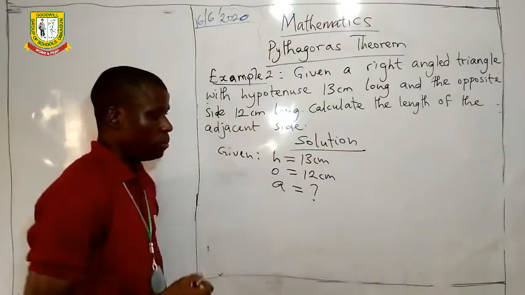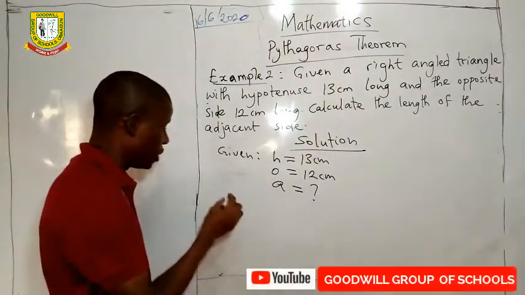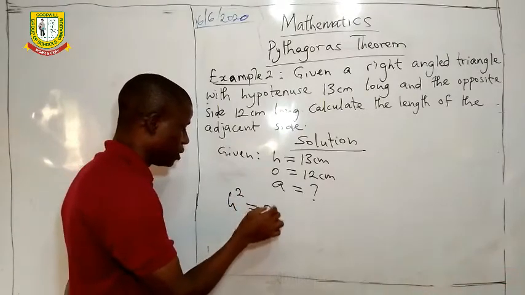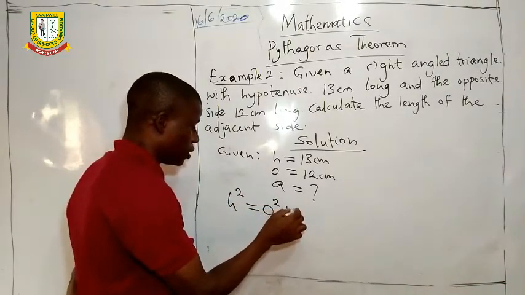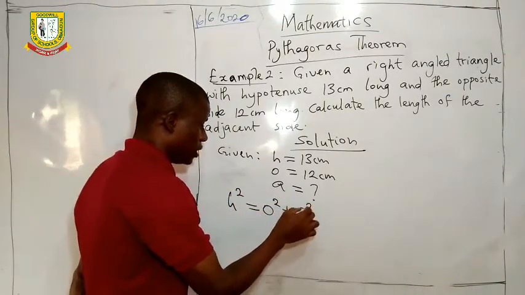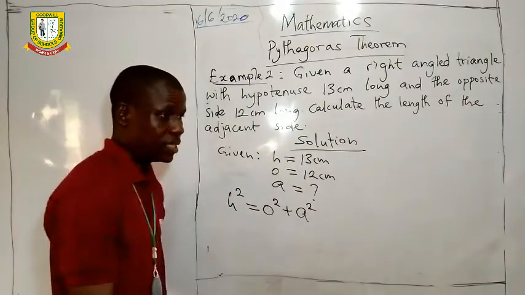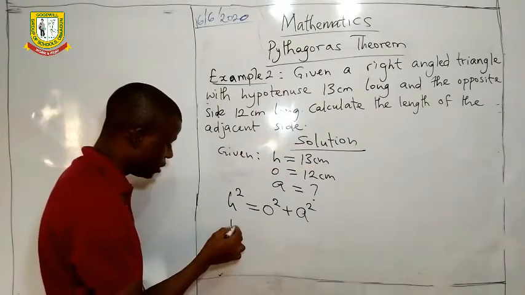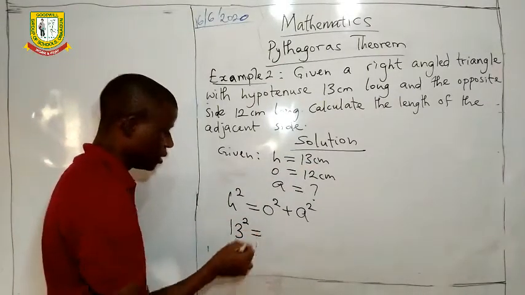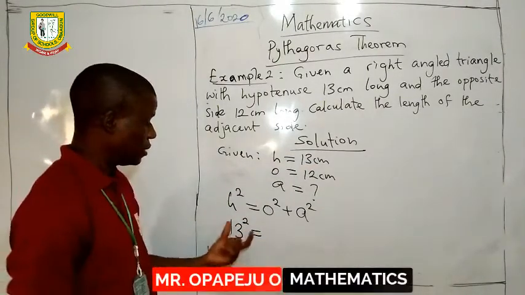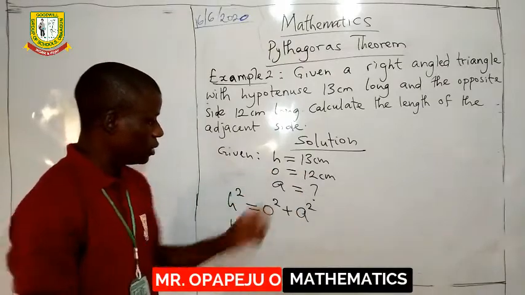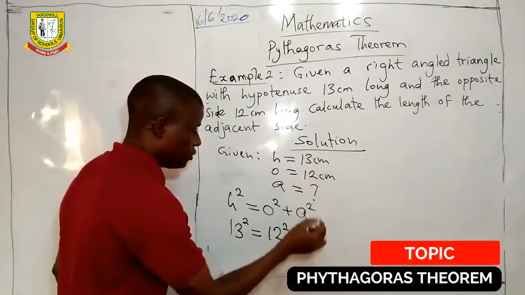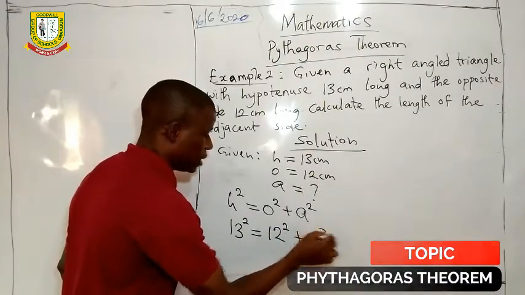Now, from Pythagoras theorem, we know that the square of the hypotenuse is equal to the square of the opposite plus the square of the adjacent. Hypotenuse we are given is 13 in this place, and that is equal to the opposite, which is 12, and then we have to find the adjacent.